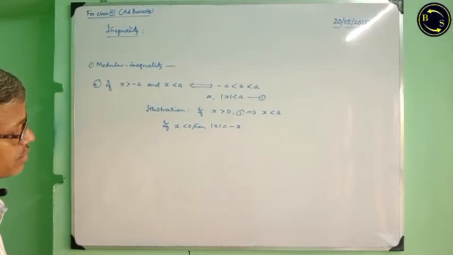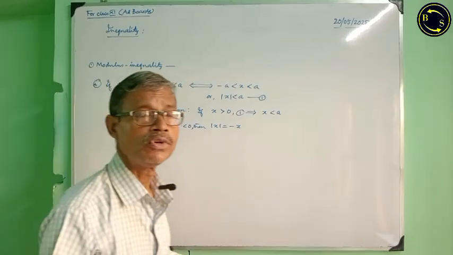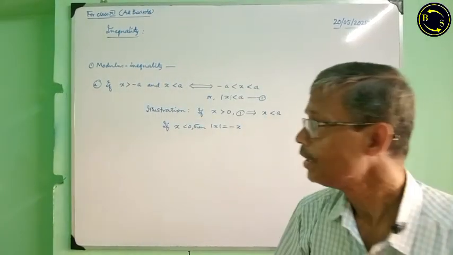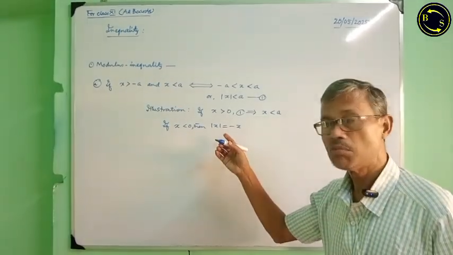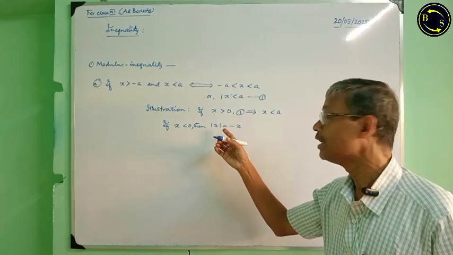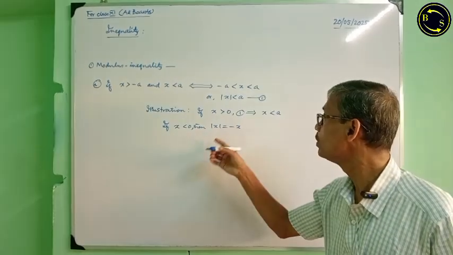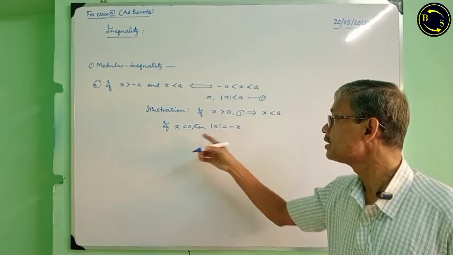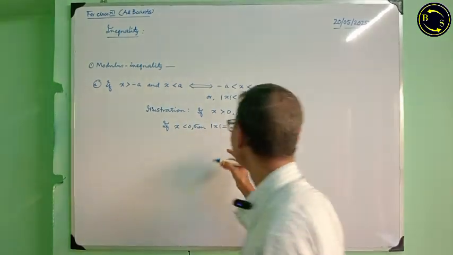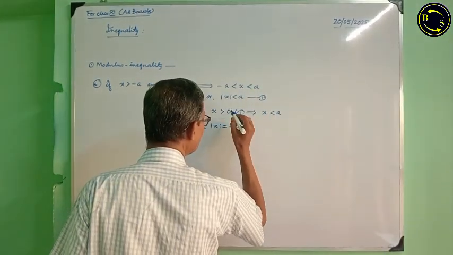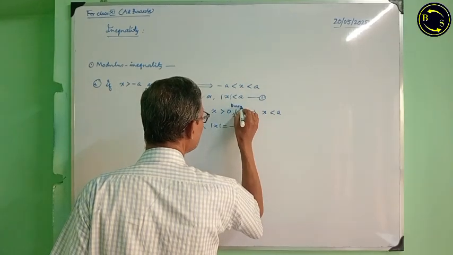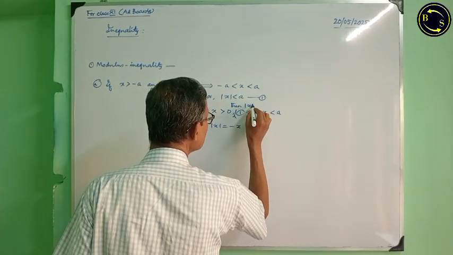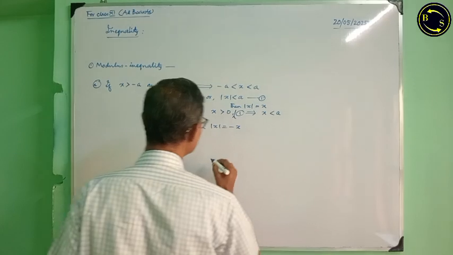Already I discussed this matter, absolute value or modulus of a number. If x be a number and if it is positive, then mod x equal to x, and mod x will be minus x if x is negative. I add here, then mod x equal to x.